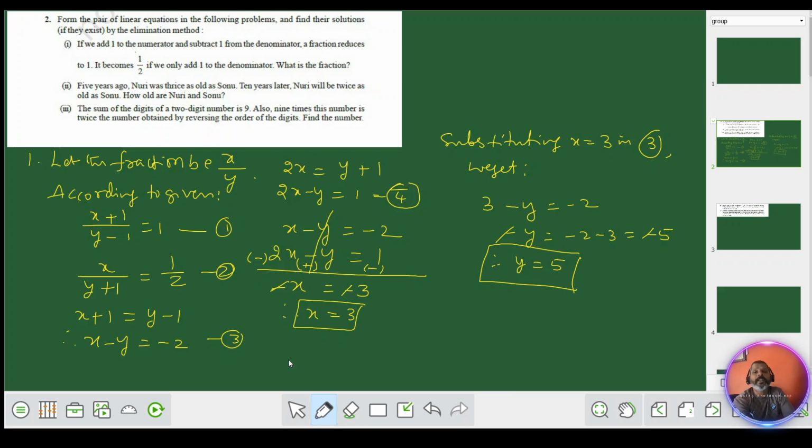Now the question is, what is the fraction? Therefore, the required fraction is what we assumed, x by y. So you write the first x value, then the y value. This is the method, by elimination method.